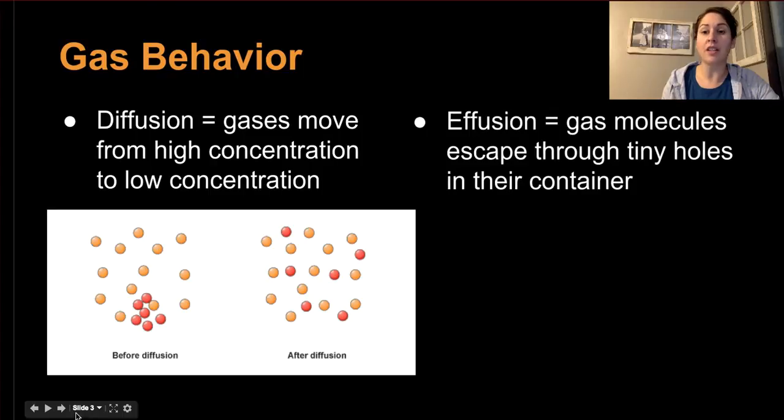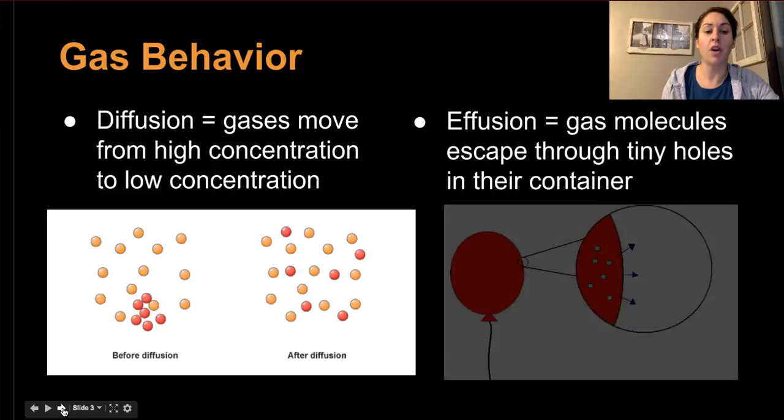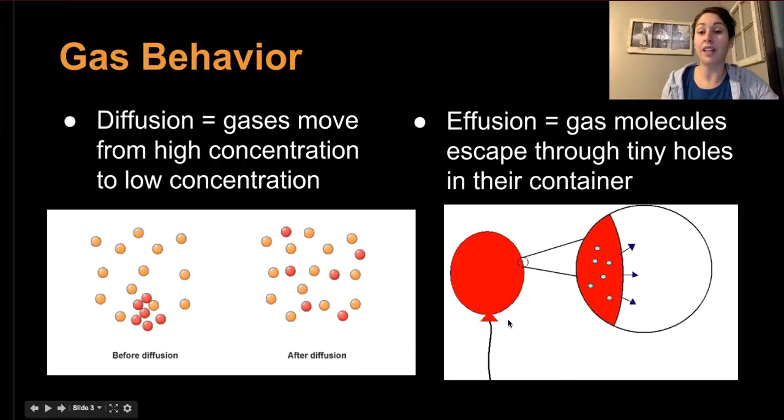Effusion is where gas molecules can escape through tiny openings. We see this in balloons, in helium balloons. Helium is a very small gas, probably the smallest gas. Hydrogen's pretty small too. There are little tiny pores or holes in the balloon material itself, whether it's latex or mylar.